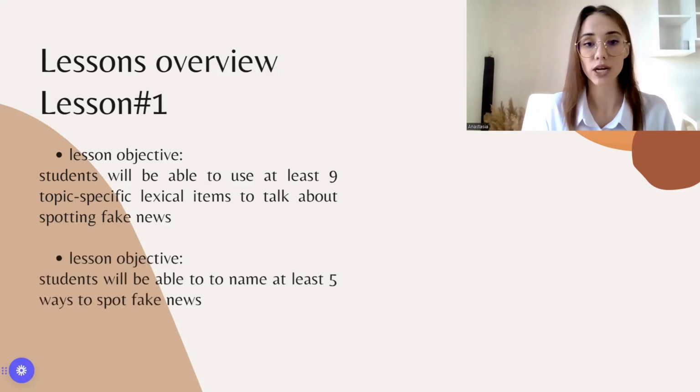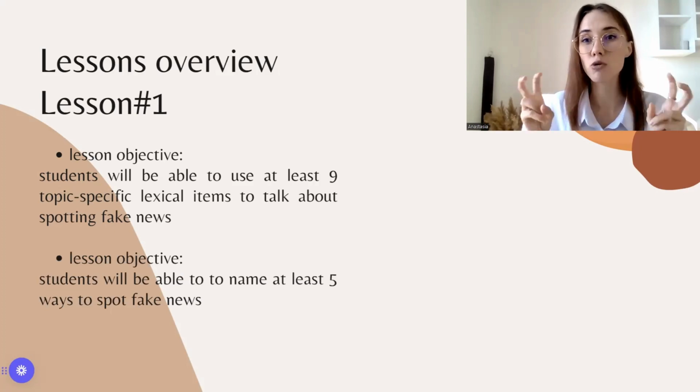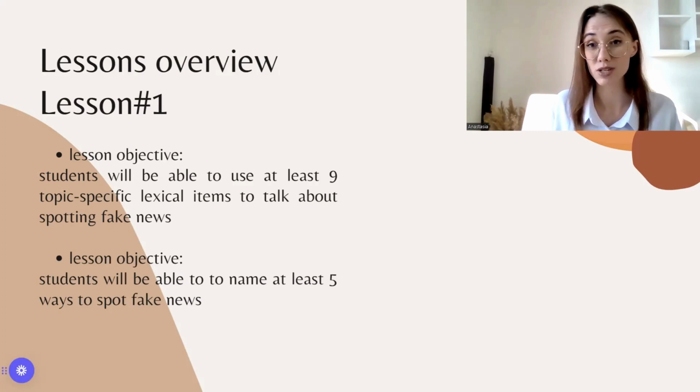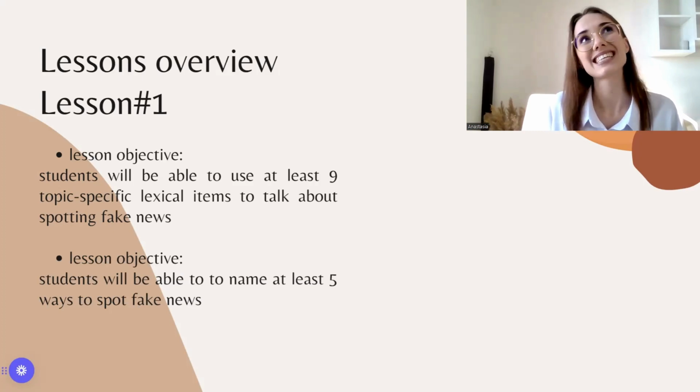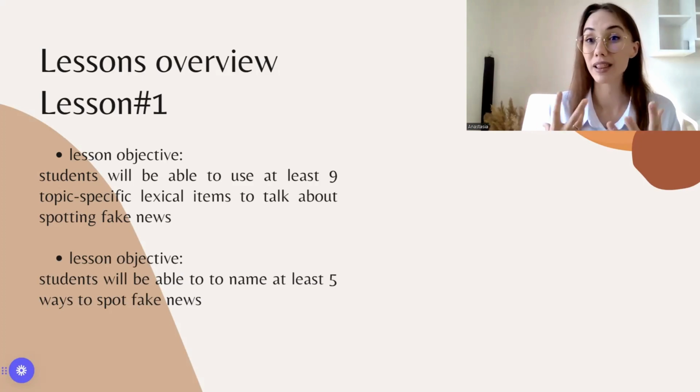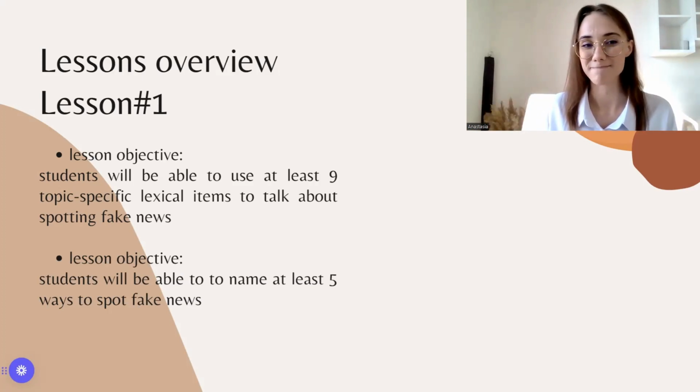There is another lesson objective for this unit, well, the cognitive goal. So since my students are interested in the topics, of course, I want them to be able to name at least 5 ways to spot fake news, so that our lessons are beneficial, not only in terms of language, but also in terms of the knowledge that they get about the world.